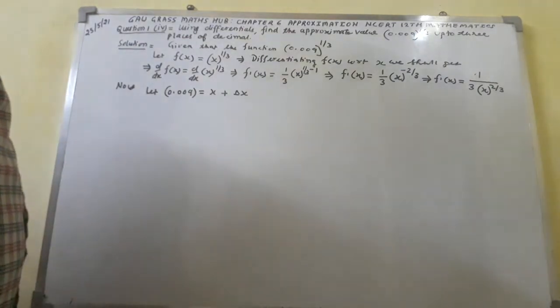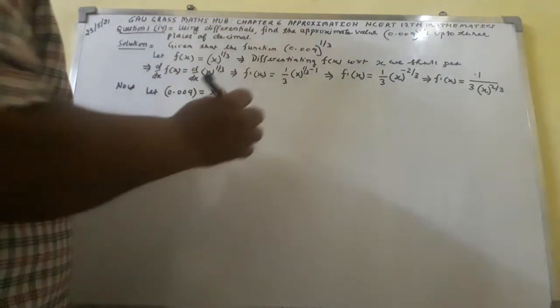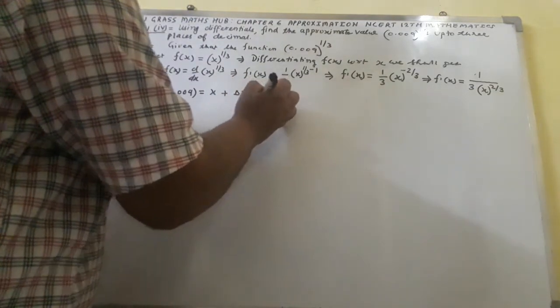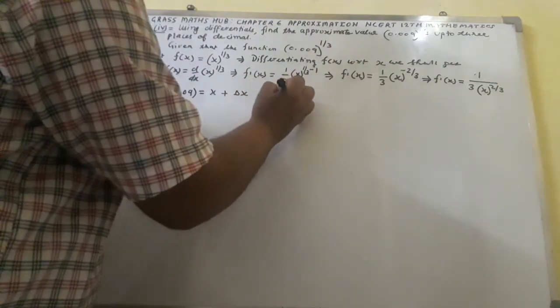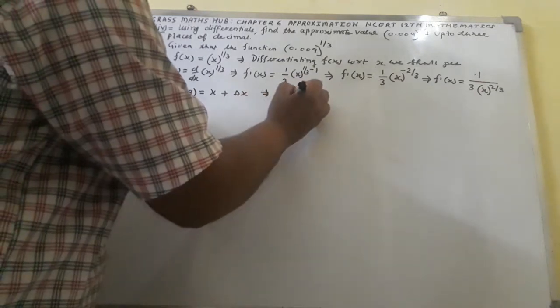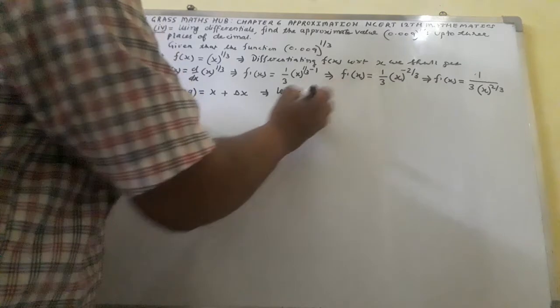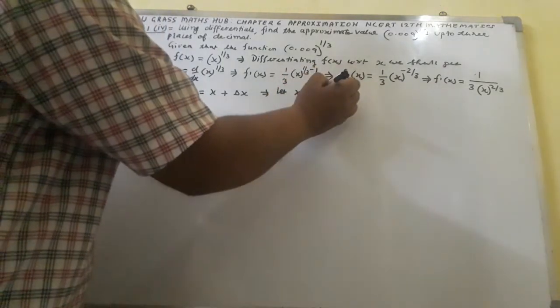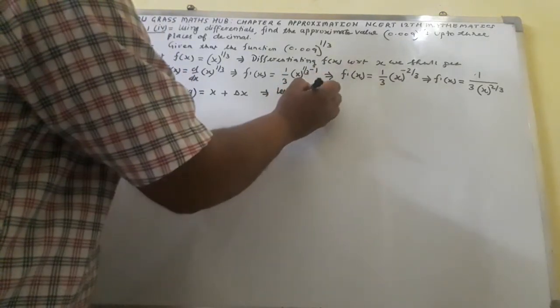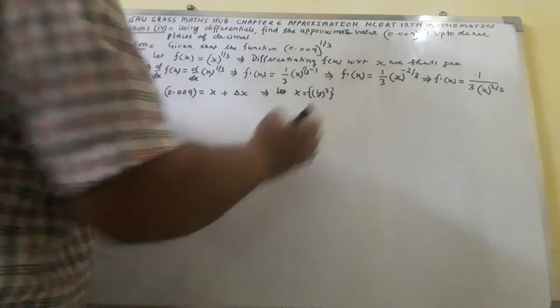Here I shall take the first part. Again I shall write, let x equal to y raised to the power 3. Remember this one. How?